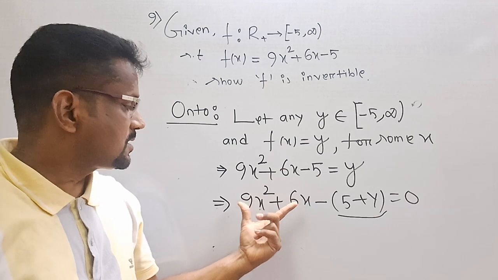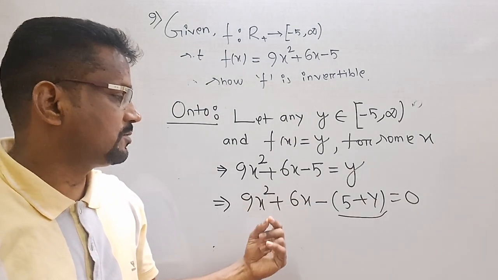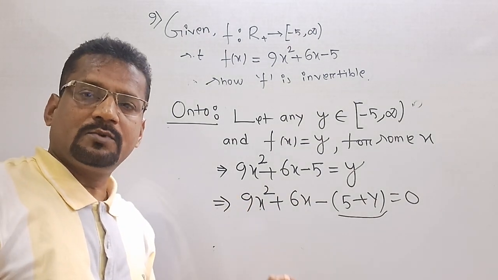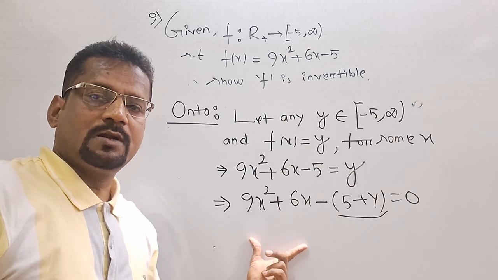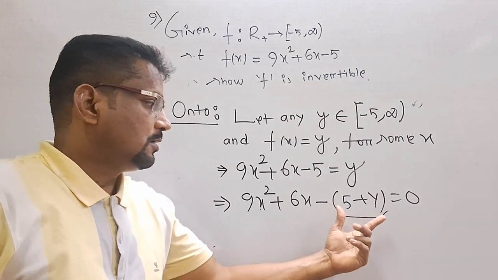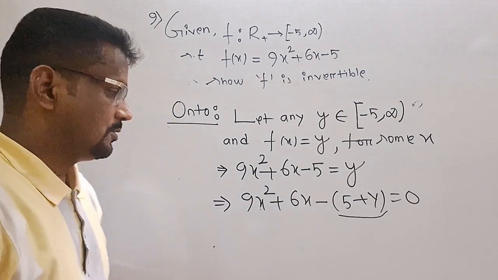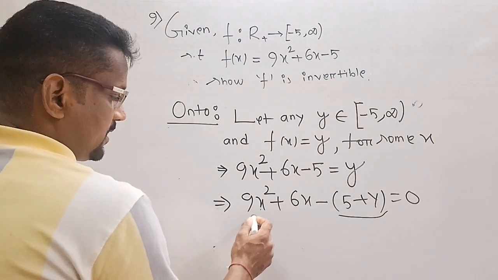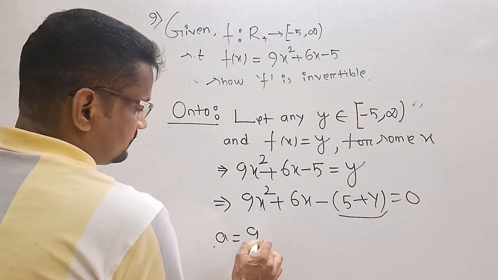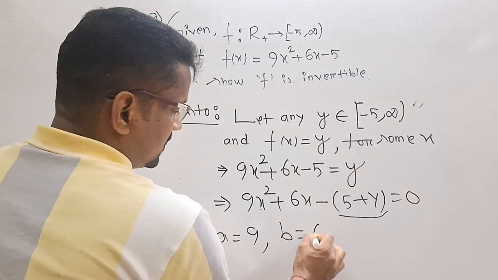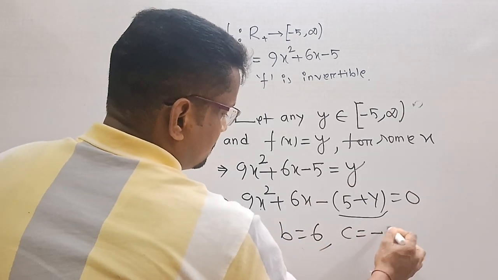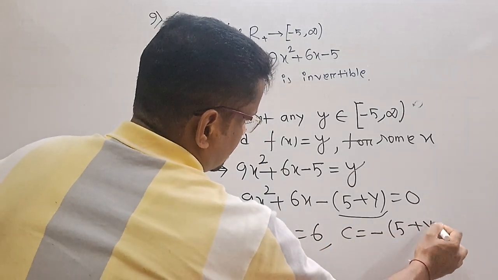But how to find the value of x in terms of y? For that, you have to consider this as a quadratic equation, considering y as a constant. So if you compare this, then it is ax squared plus bx plus c. A means what? 9. B is 6 and C is minus 5 plus y.